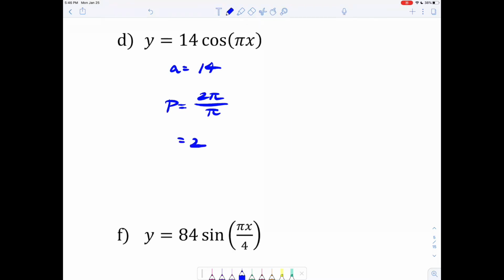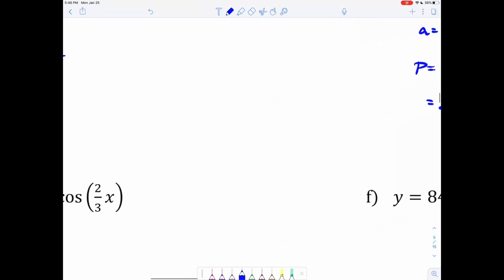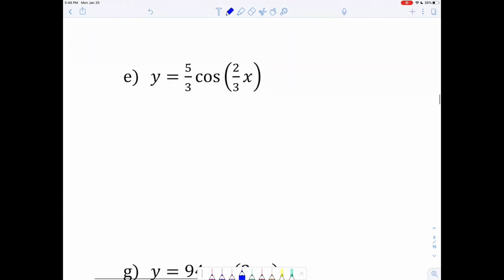Interesting. That was a weird one. Amplitude here is 5/3. The period is 2 pi over 2/3, which all in all is 3 pi.